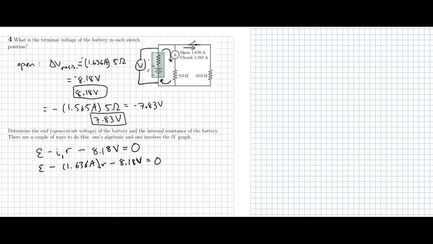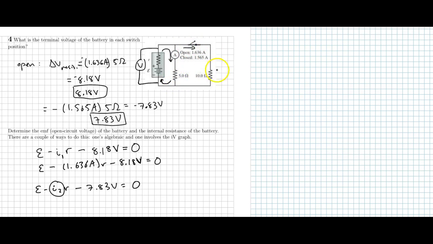So I can set the thing up also for this second loop, but if I'm going to do that, I have two branches that I need to worry about. So when I set this up, I2R minus, and then I can go across this one branch here, 7.83 volts. I'm going to have to do some calculation first to figure out what I2 is, because I only know I through this one branch.